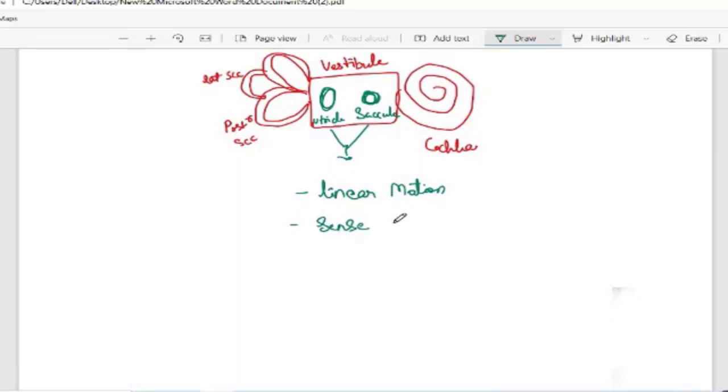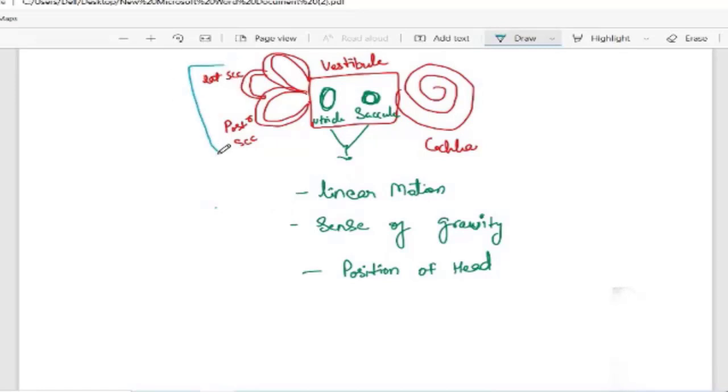Then the sense of gravity and the position of the head are also perceived by the utricle and saccule. So the vestibule, the central chamber consisting of utricle and saccule, is basically responsible for linear motion, that is linear acceleration and deceleration, sense of gravity and position of the head.